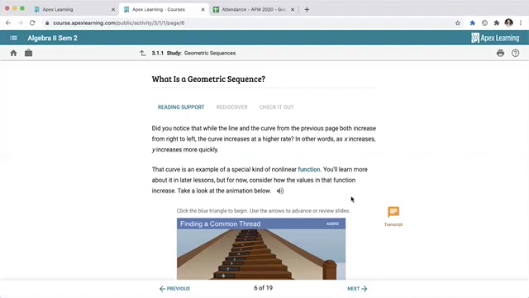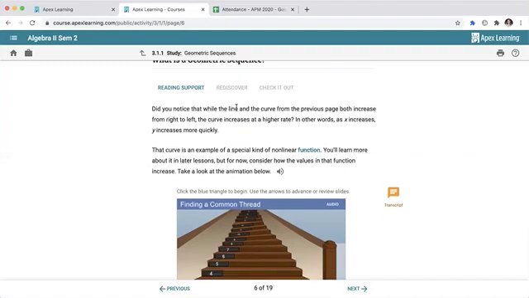And obviously we talked about this, but while the line and the curve from the previous page both increase from right to left, the curve increases at a higher rate. In other words, y increases much more quickly than x does. So again, notice that one is going to increase much faster than the other.